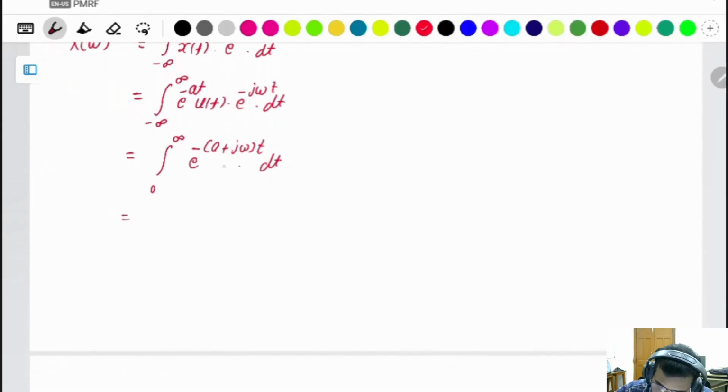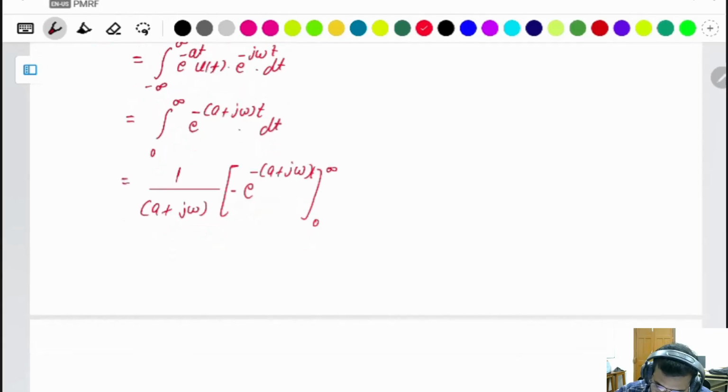If you integrate e to the power of something, it comes in the denominator, and this negative is provided in the denominator.